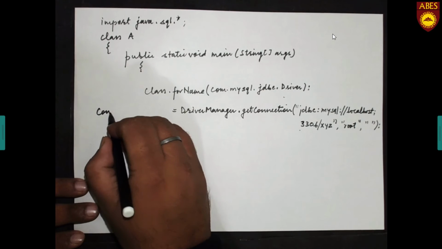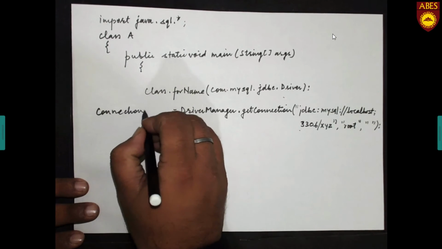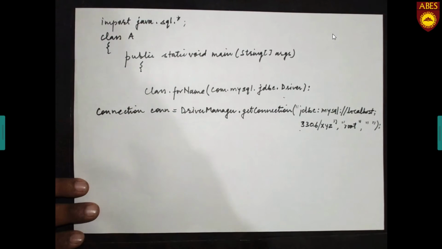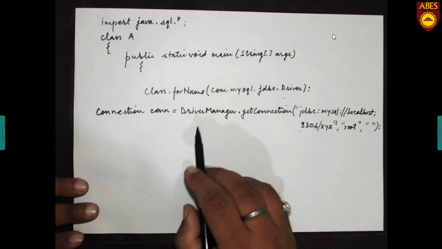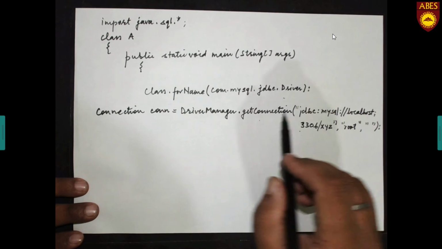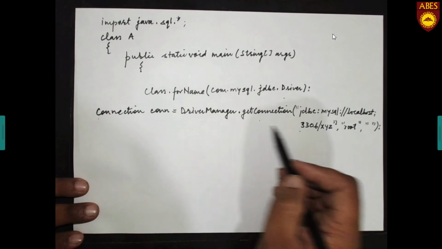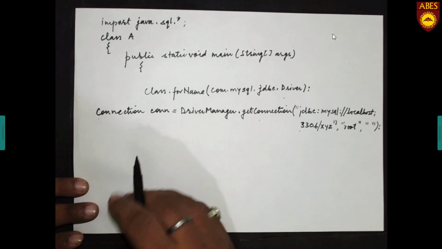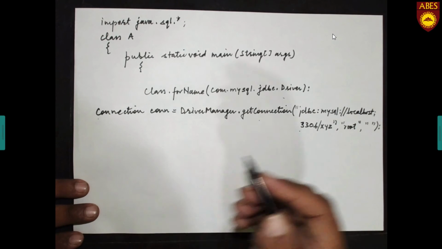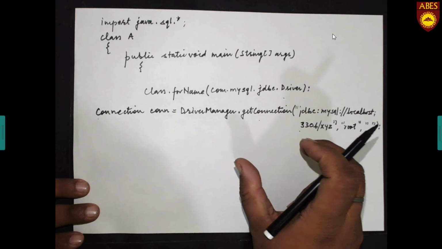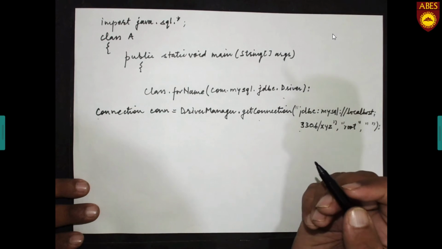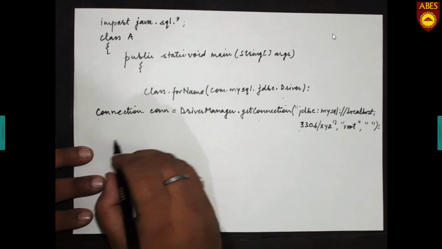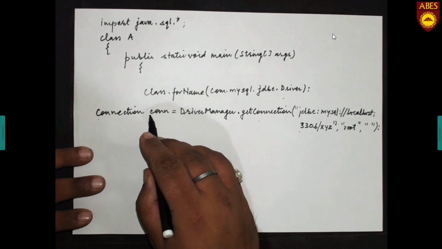Since it is returning a connection, we have to use the Connection class to catch it. So con is equal to DriverManager.getConnection. After this, suppose there is some query we have to use. For this we have to create a statement corresponding to connection con.